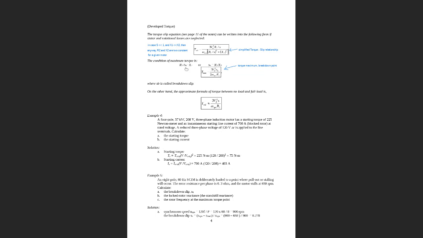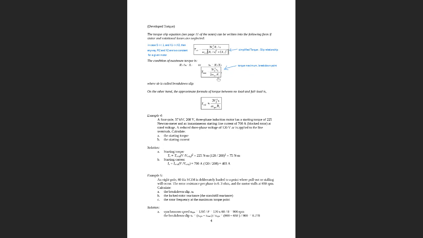When at the maximum torque, R2 over the slip equals X2, so the above formula can be further simplified. Generally, the motor's internal resistance R2 is much smaller than the reactance X2.